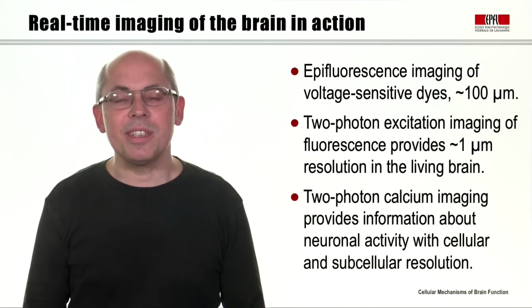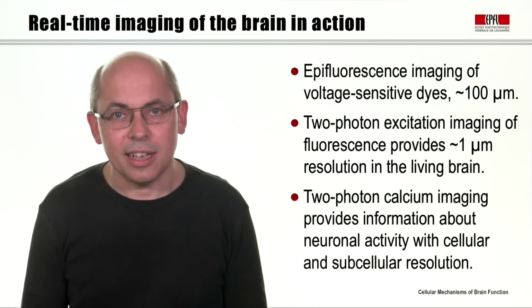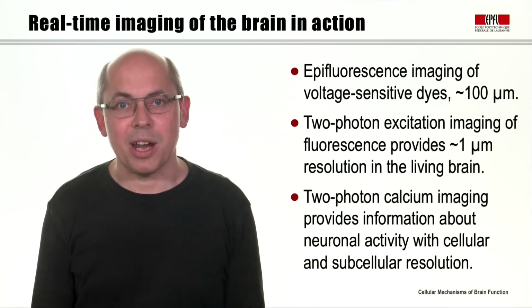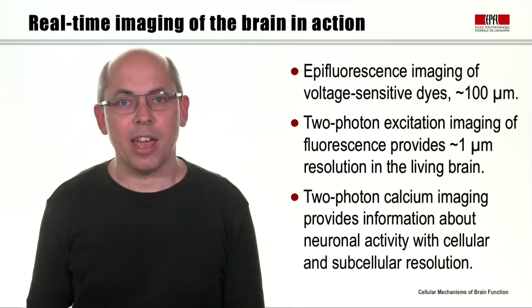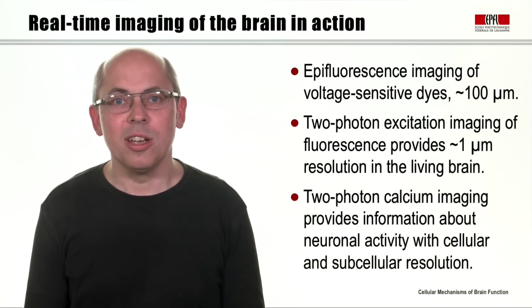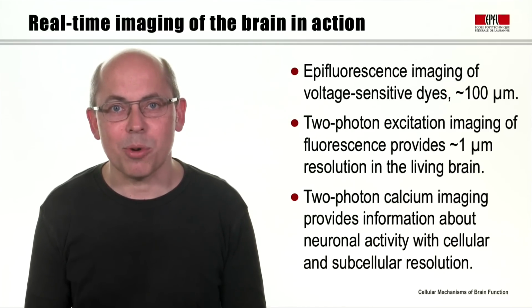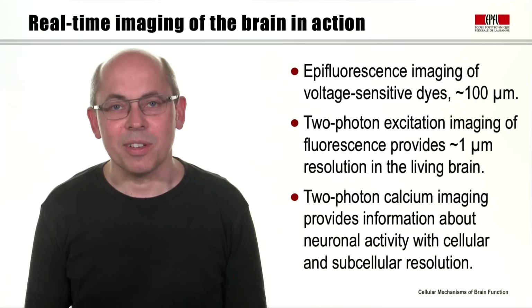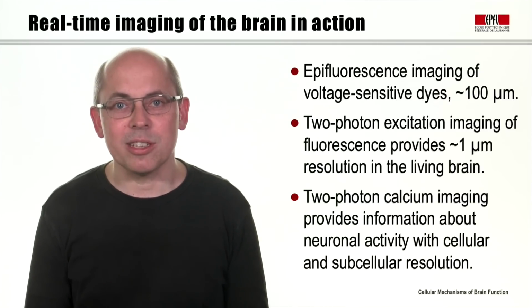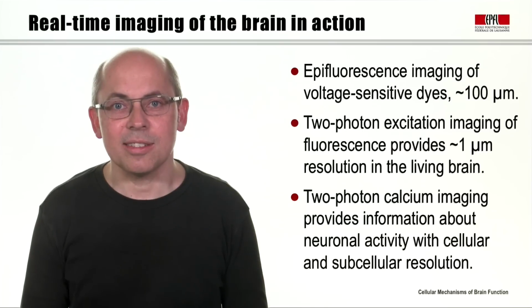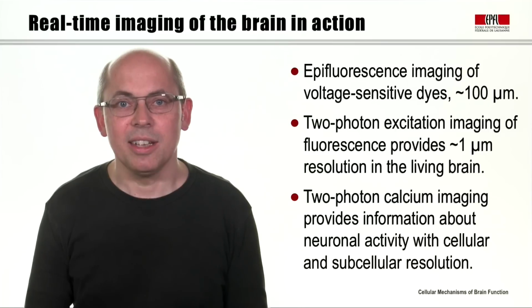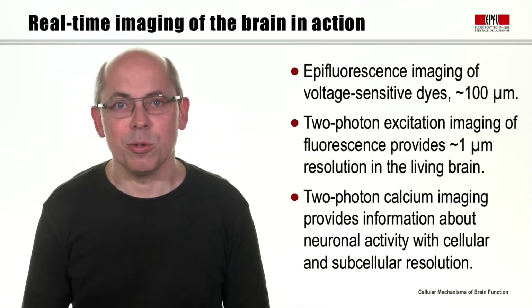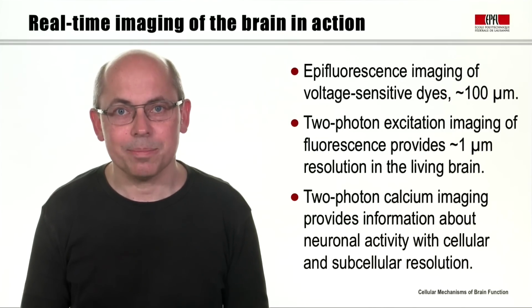In this movie, we've seen that there are two interesting approaches to imaging the brain in action. There is a wide-field, single-photon epifluorescence approach where we can image the dorsal surface of the neocortex, and we can get something like 100-micron spatial resolution, and if we're looking at voltage-sensitive dyes, then we have millisecond temporal resolution of the dynamics of activity in the neocortex that we can directly compare to the behavior of the mouse.